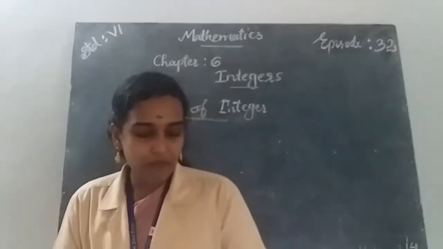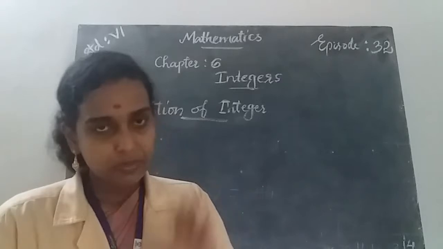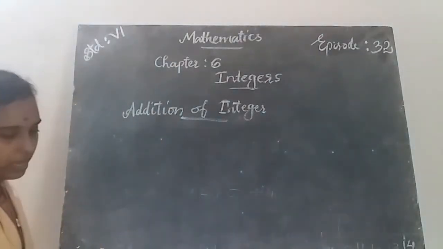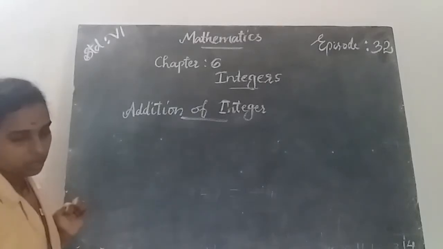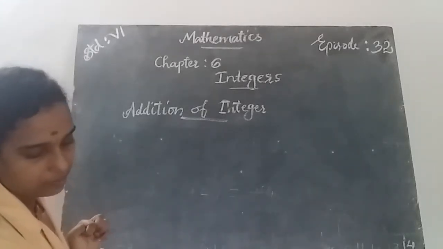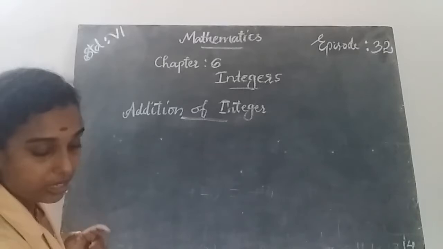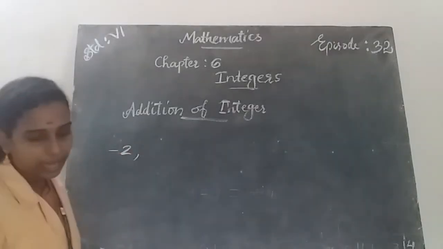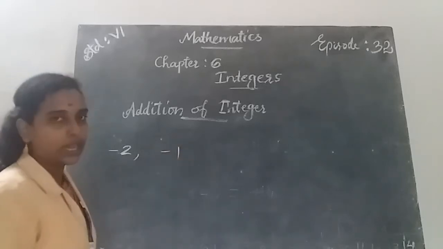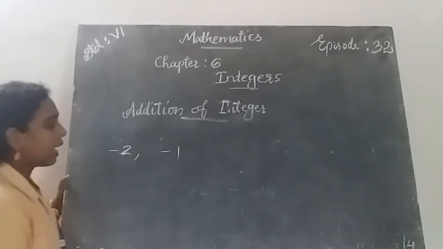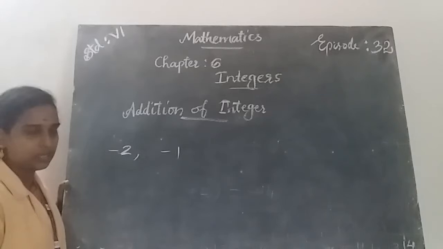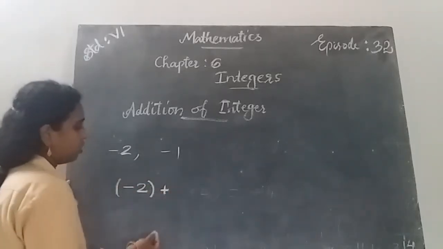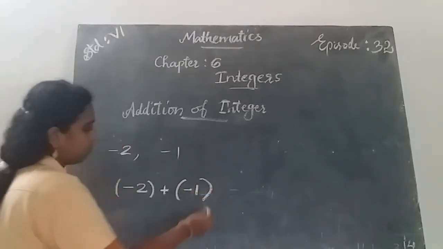Now let us take two negative integers, negative 2 and negative 1, and add them: negative 2 plus negative 1.